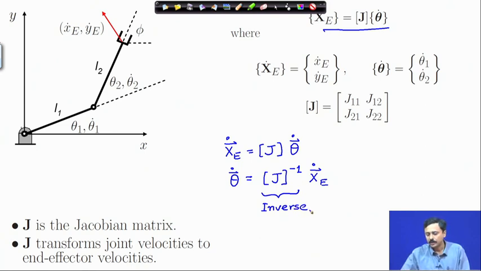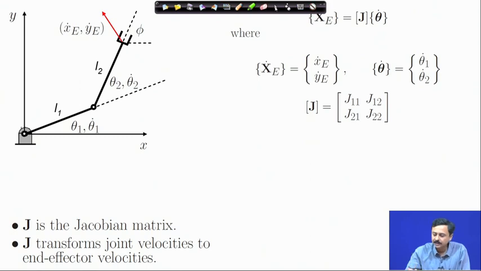Now, how do you invert the Jacobian? That is not very difficult, because this is now a 2 cross 2 matrix, and it is basically inversion of a matrix. In the case of a 2 cross 2 matrix, inversion is not very difficult.